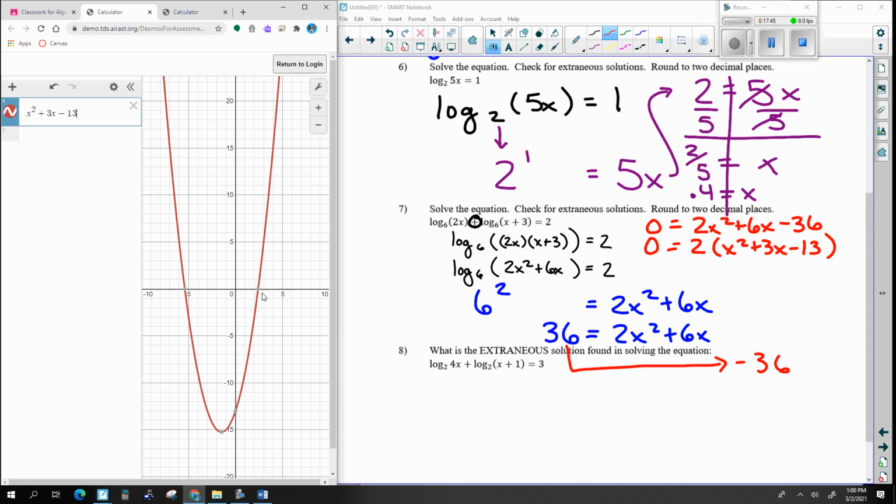And I can use the quadratic formula, but long story short, I have answers of x is equal to negative 5.05, and then also x is equal to whatever this positive one is, 2.405.